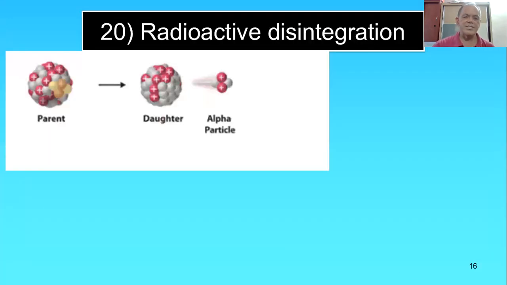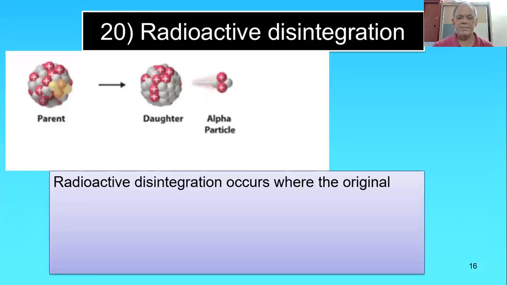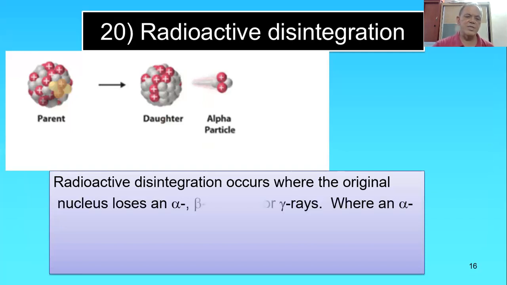Radioactive disintegration. Okay. This occurs when the original nucleus loses, this can be alpha, it can be beta, and if it is still in the excited state, it can still be gamma.